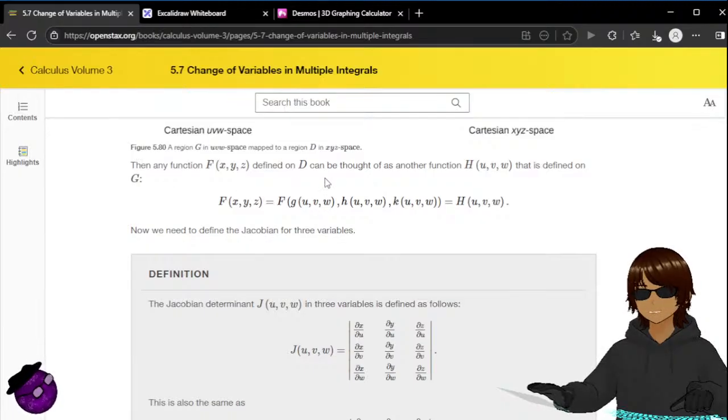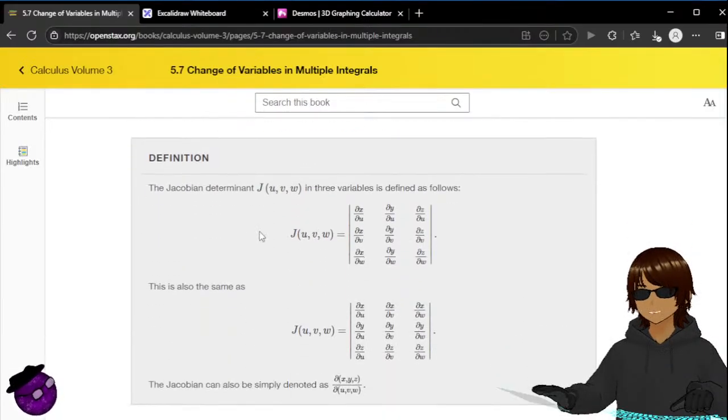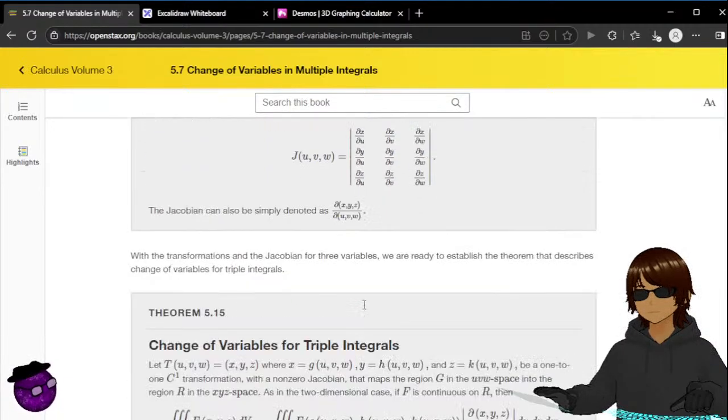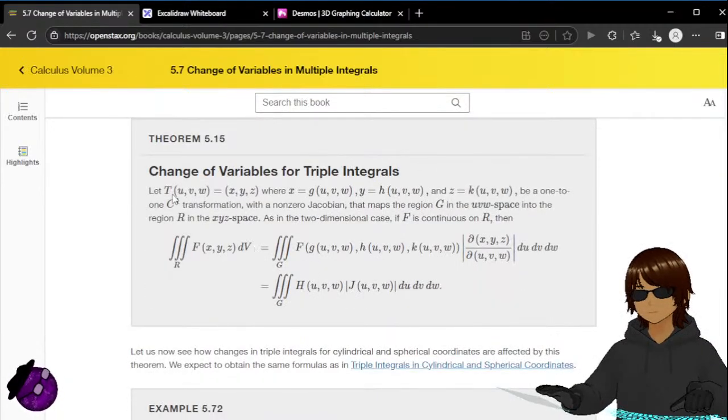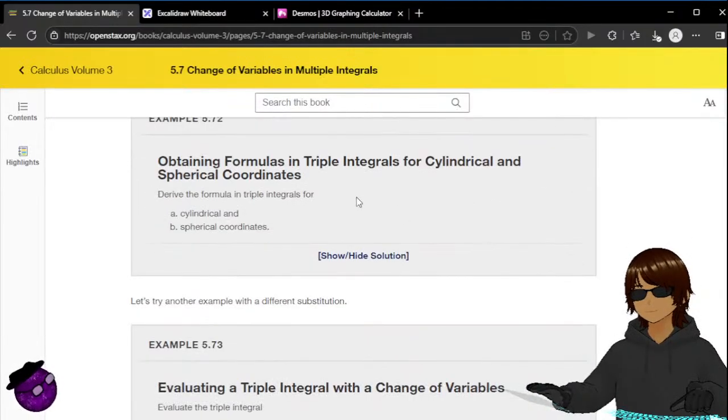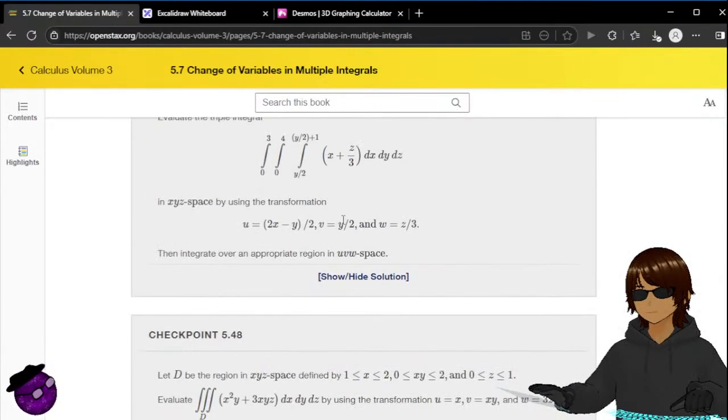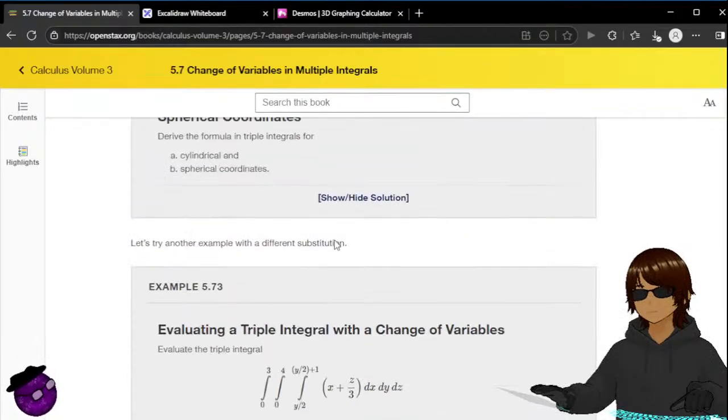Then any function defined on D can be thought of as another function that is defined on G. Now we need to define the Jacobian for 3 variables. It is simply denoted like this. Oh my god. So we have f, then the Jacobian du dv dw. Yeah, I'll just read. Okay, that's it.